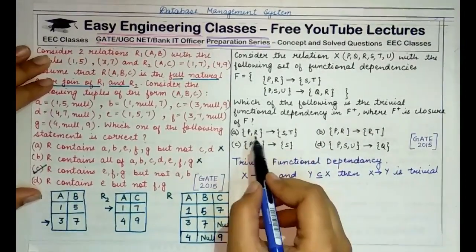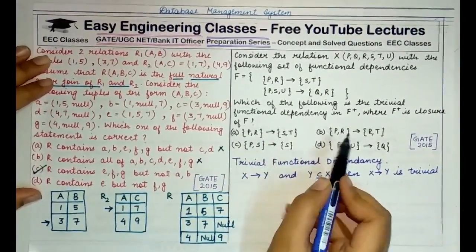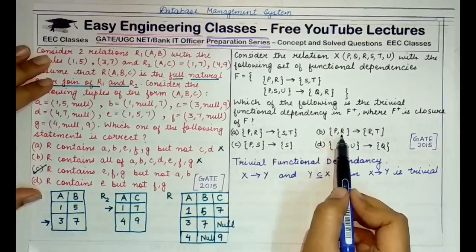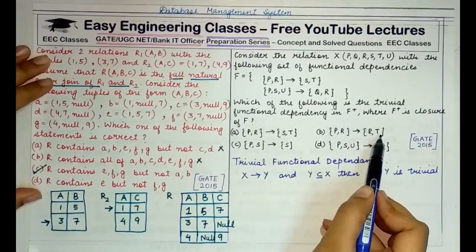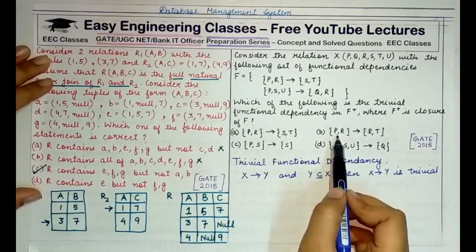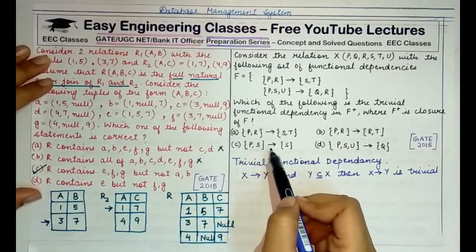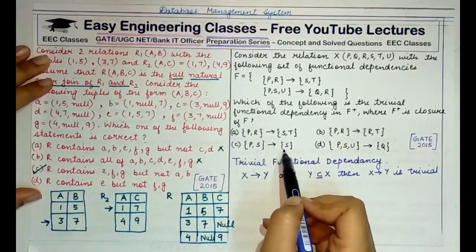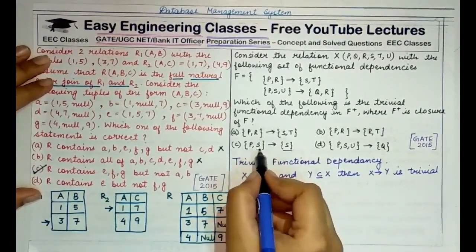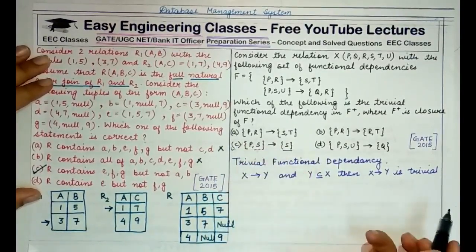So let's check here. Right hand side is not a subset of the left hand side, so this is not the correct option. P comma R determines R comma T. Again, R T is not present in the left hand side, so not a trivial dependency. P comma S determines S. Yes, S is present as a part of the left hand side, so this is the correct answer.